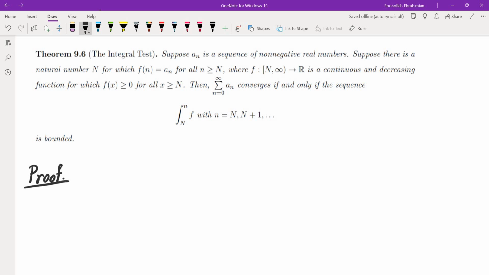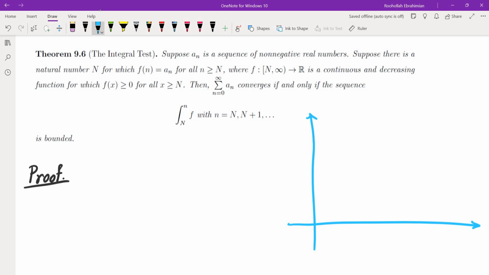So suppose an is a sequence of non-negative real numbers. Suppose there is a natural number N for which an is the same as a function at n, where f from N to infinity to R is a continuous and decreasing function for which f of x is greater than or equal to 0.